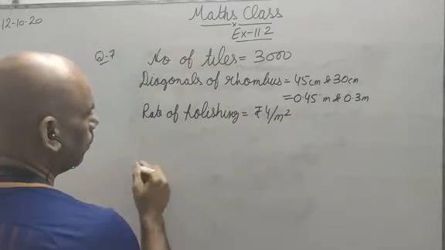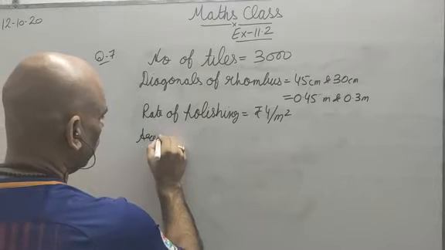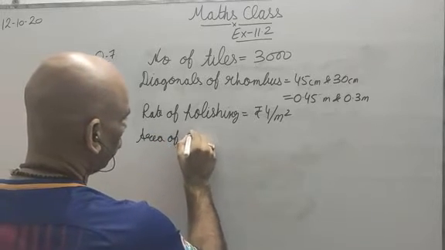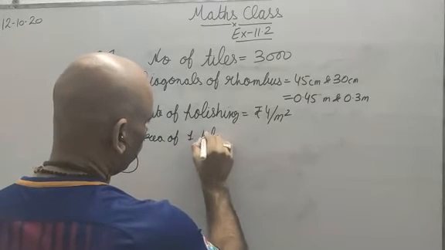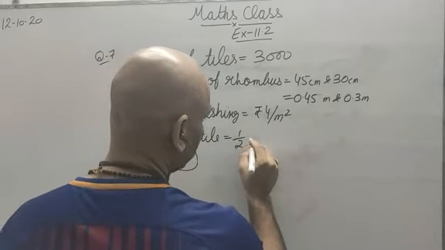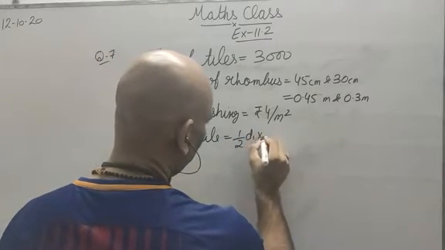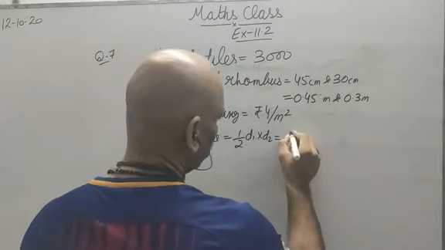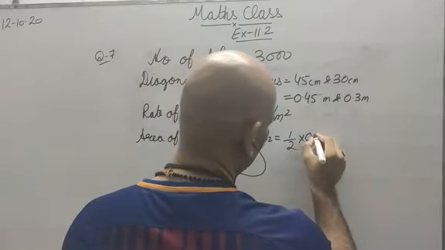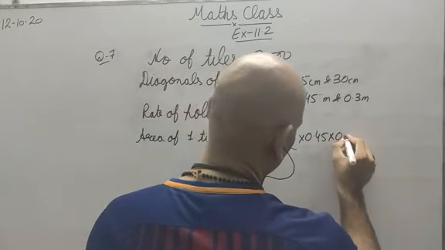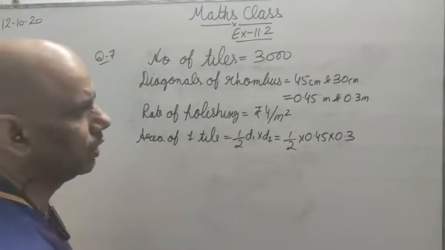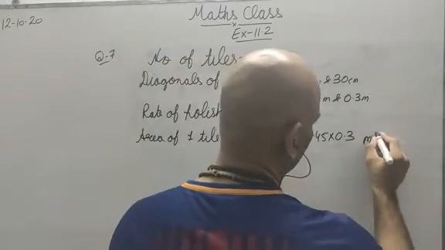What should I do now? I should find the area of one tile. Area of one tile is half d1 into d2, so half into 0.45 into 0.3, this much meter square.